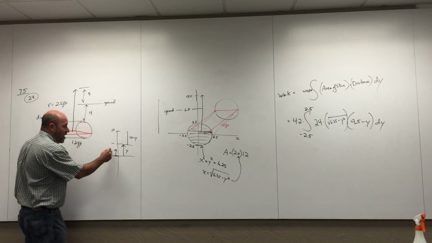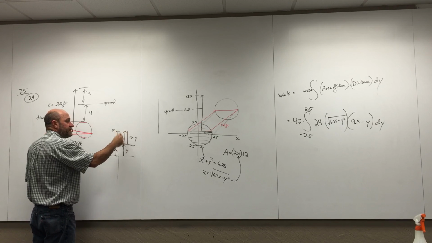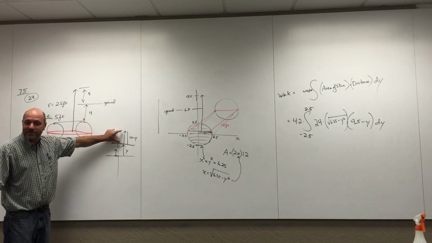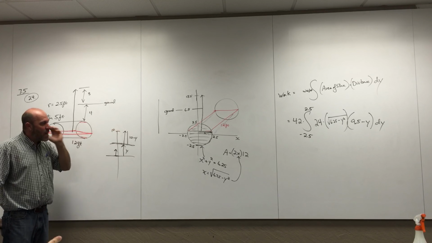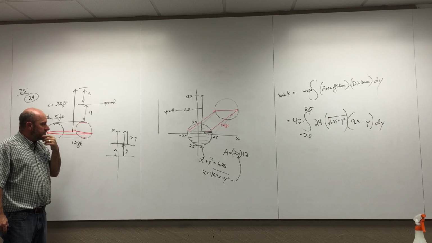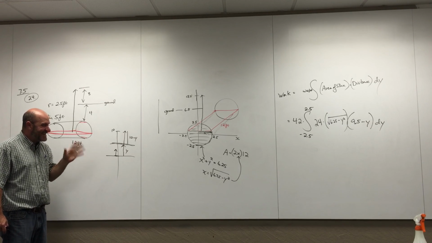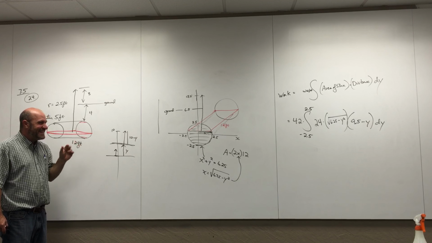A distance from some place to 10 is called 10 minus y. So that would determine what would go in there, depending on where you're pumping to or from. It's the distance I draw from my slice.